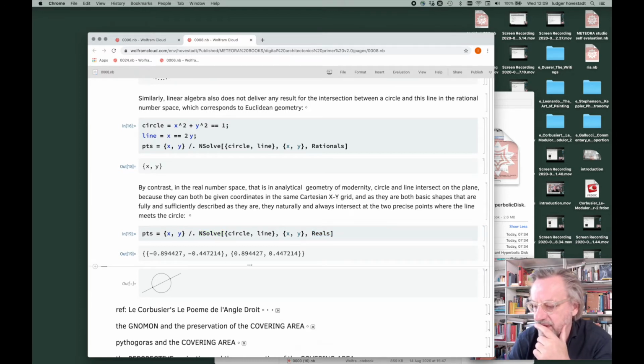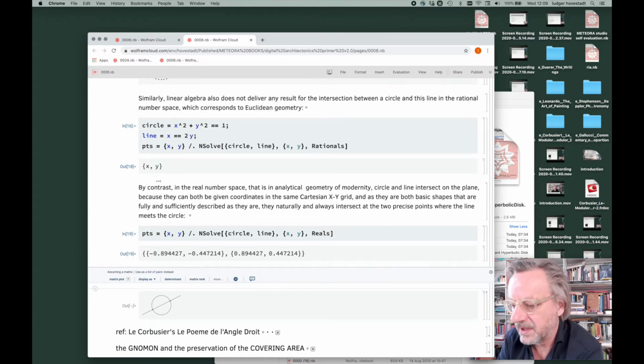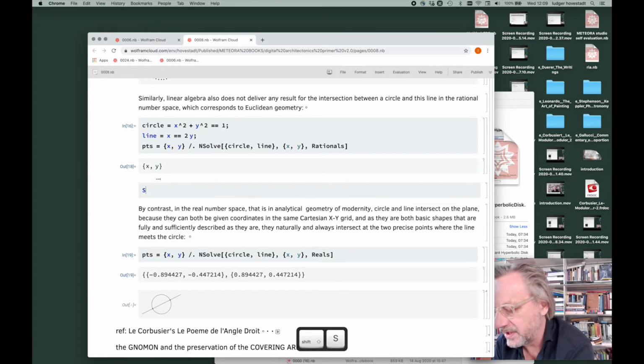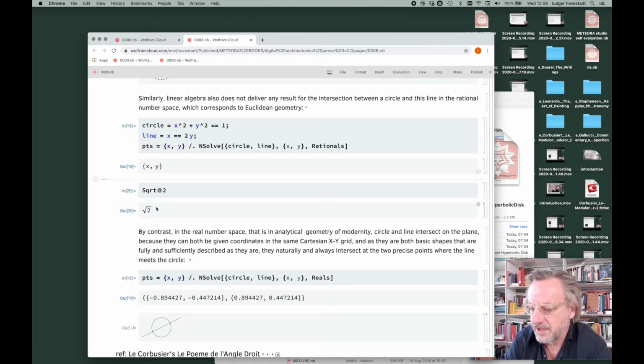We get 2 points, and we can make this drawing. So if we go here, for example, to square root of 2, you see what Mathematica is doing.